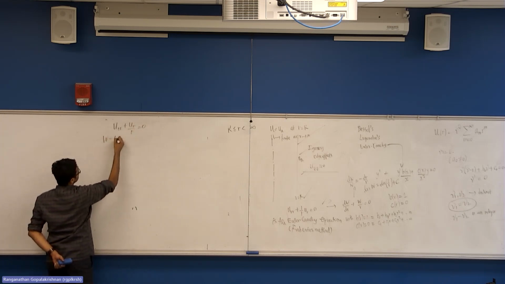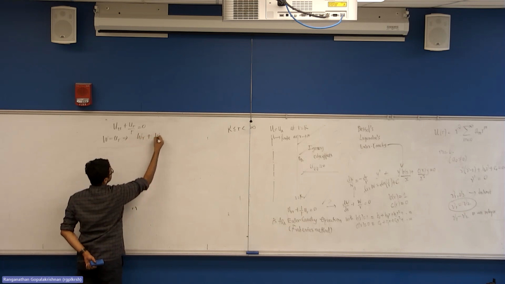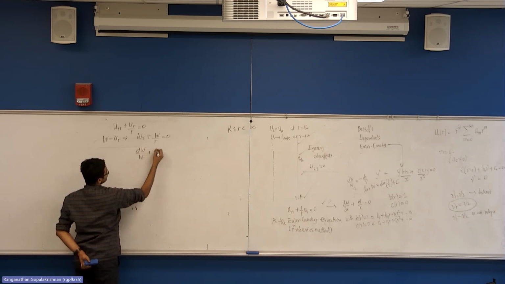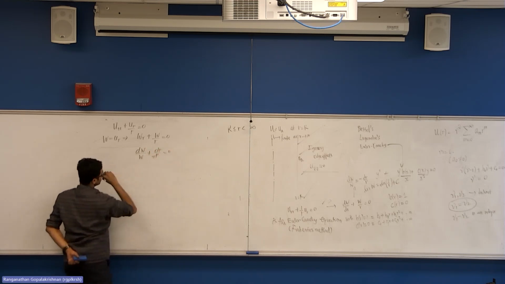We are saying W equal to u_r, which means we get W_r plus W over r equal to 0, or dW over W plus dr over r equal to 0.